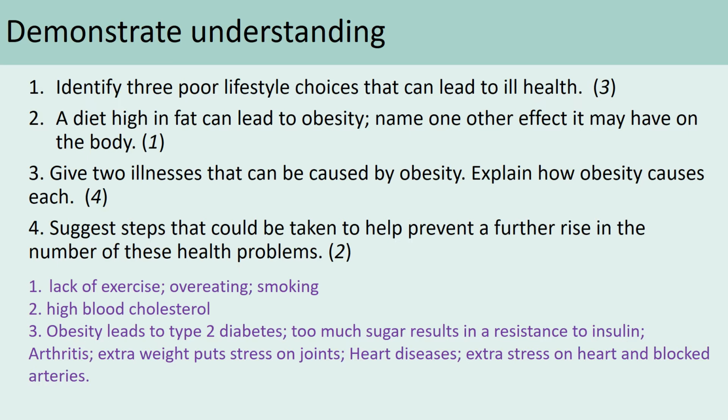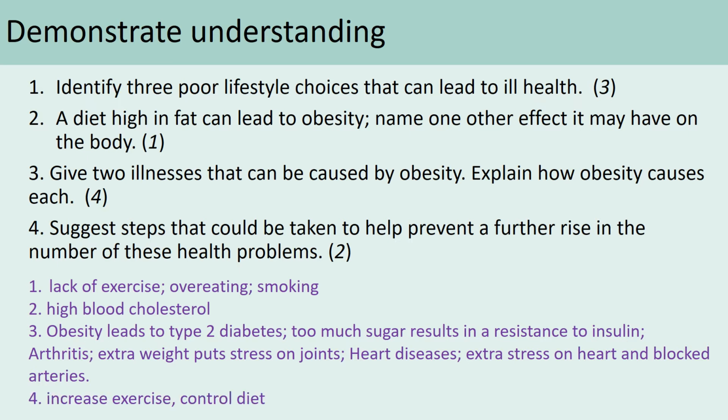So you might have mentioned that it can lead to type 2 diabetes because too much sugar causes strain on the insulin production. You might have said arthritis because you have more weight on the joints. Or you could have talked about heart diseases which are caused by blocked arteries. Same with strokes as well. You could have said about that, caused by blocked arteries.